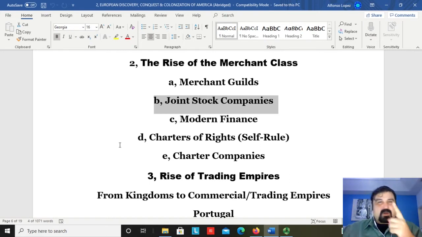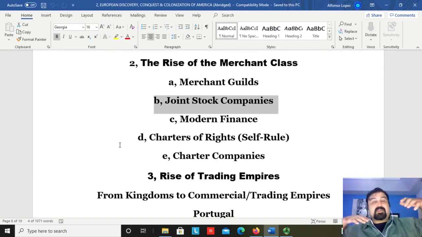And instead of just one merchant being the owner, you're going to have, of course, a partnership here. It's a company in which there might be 2, 3, or more owners. And with that, the company is going to have a farther reach in terms of what they can do.